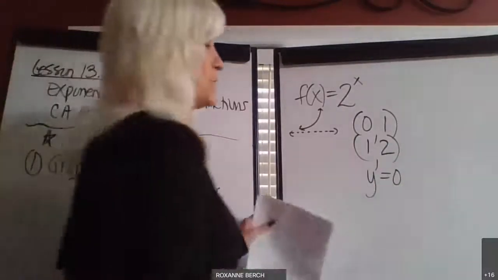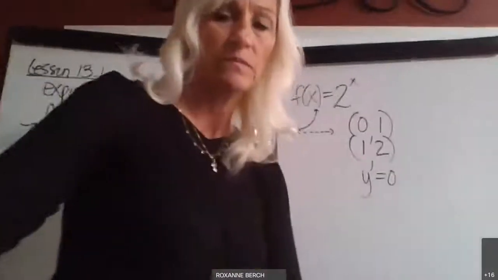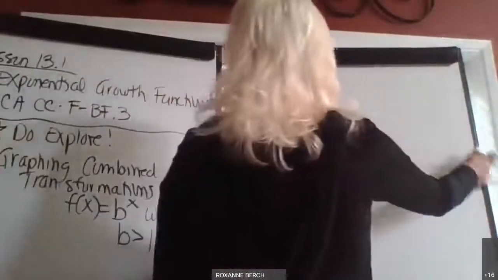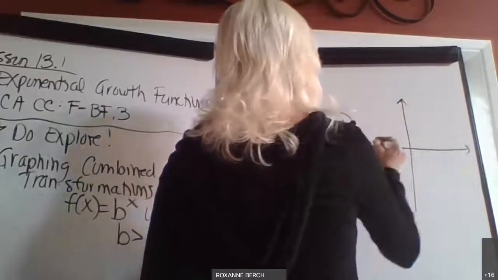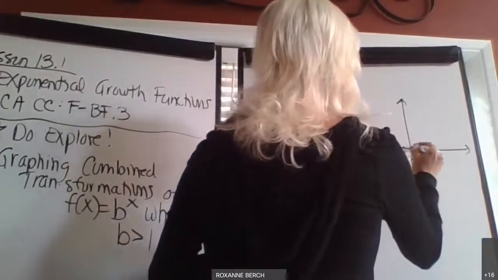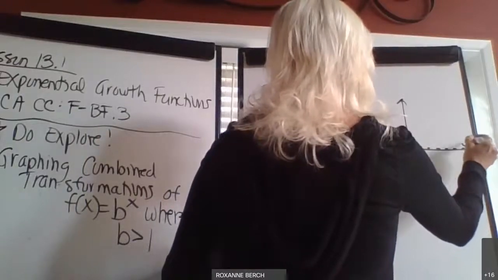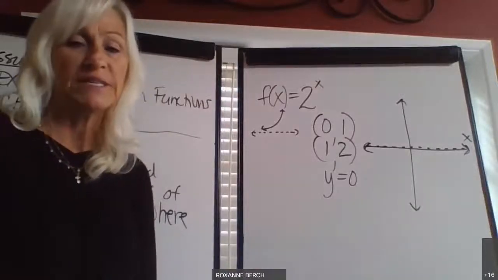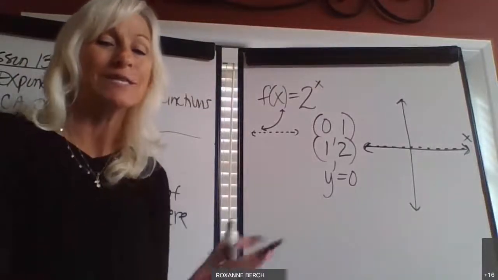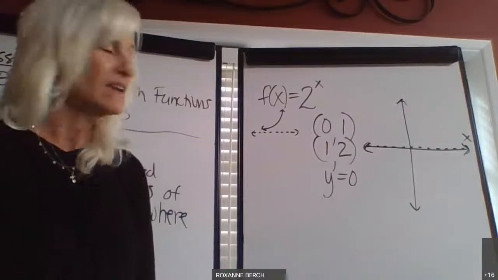All right, so when you graph this guy, you're always going to draw the asymptote, and the asymptote is the line that the graph approaches indefinitely and closely without touching it.